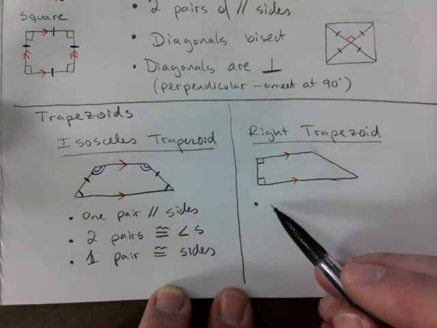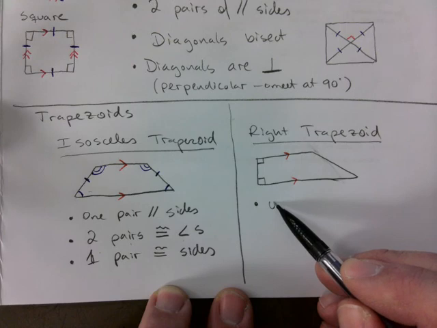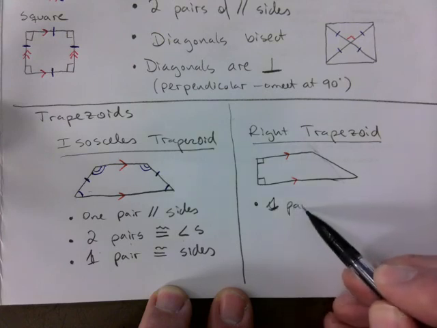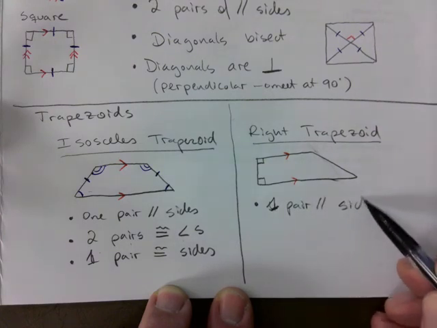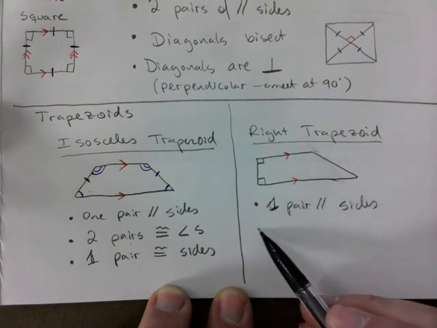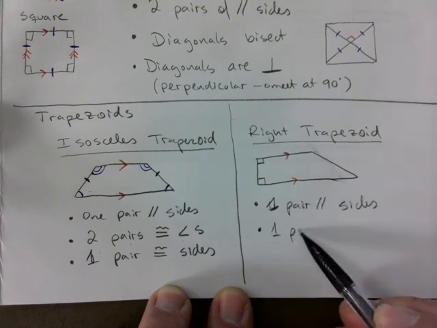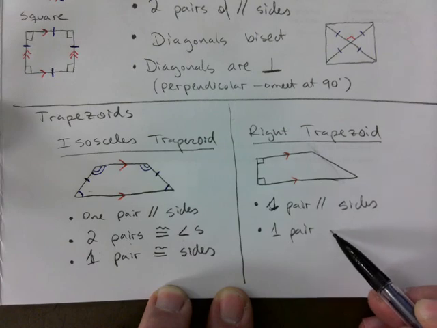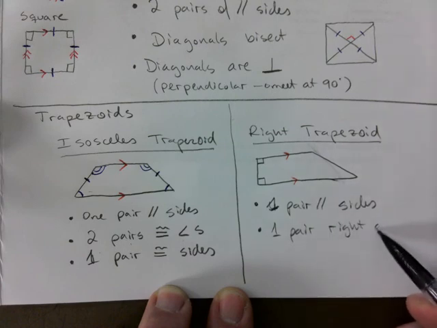This one has one pair of parallel sides, one pair of right angles.